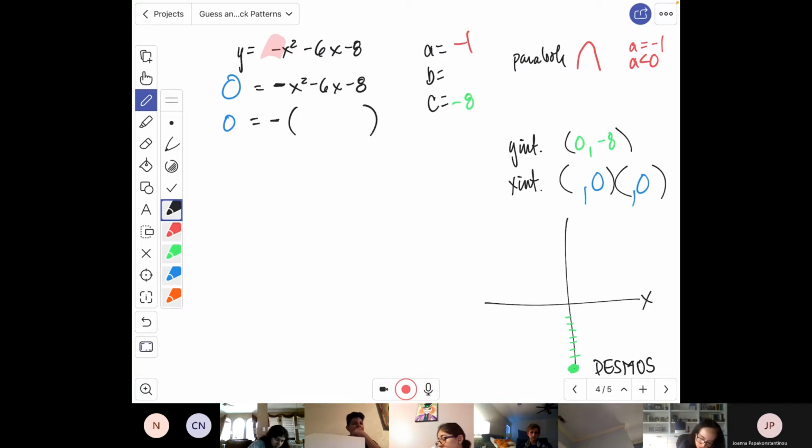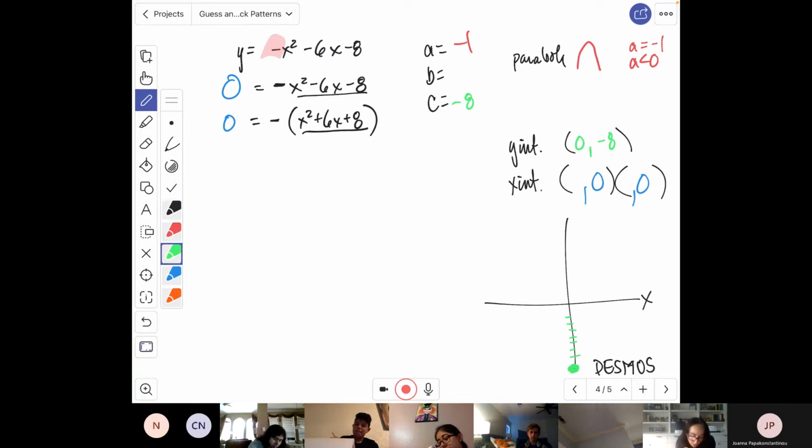What is this trinomial here once I divide everything by -1? Is it x squared plus 6x plus 8? Yes. Ariana, do you see that? Eric, that is correct. Ariana, do you see how I divided each of those terms by a -1, changing the sign of each of those terms?